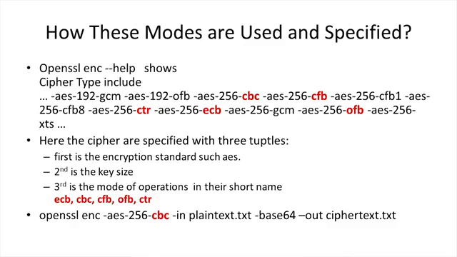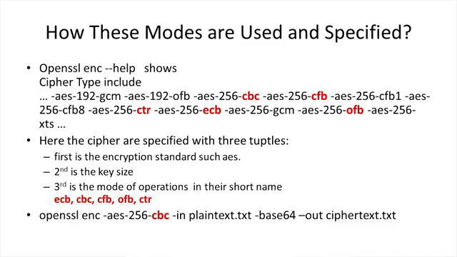The cipher type is specified by first the encryption standard, followed by the key size, followed by the short name of the cipher mode of operation we discussed in this lesson. For example, AES with a 256-bit key and cipher block chaining mode is specified as -aes-256-cbc. CBC is the short name for cipher block chaining mode.